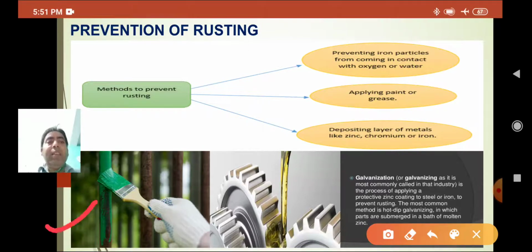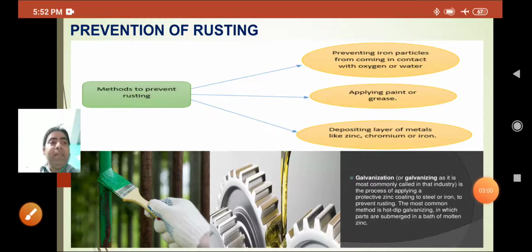You can see, various machines, parts and tools made of iron are coated with a thin layer of grease or paints when not in use. It prevents iron from coming in contact with the air and moisture. Hence rusting is prevented by coating with the paint or the grease.